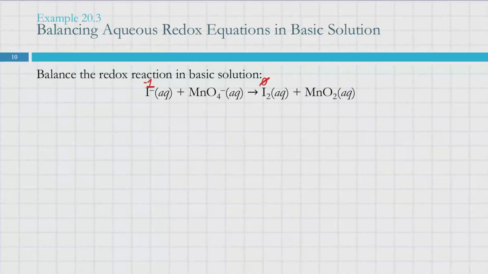Our MnO2 and our MnO4 minus, our permanganate and our manganese 4 oxide, will have an overall charge of 0 for MnO2. For our permanganate, it's going to have an overall -1. We saw this one earlier, so I'm just going to say that it's a +7 and a -2.